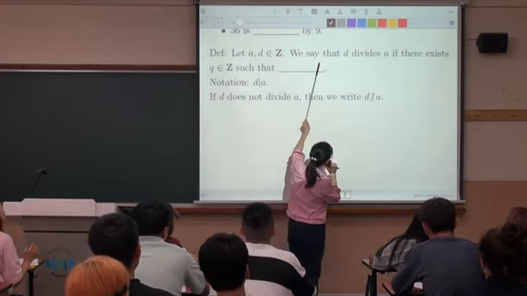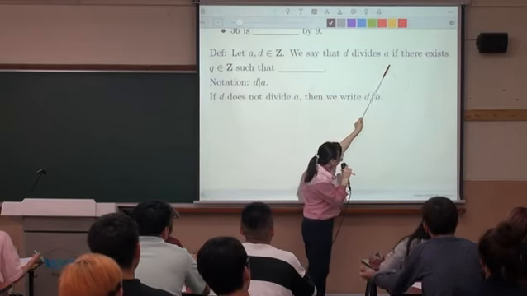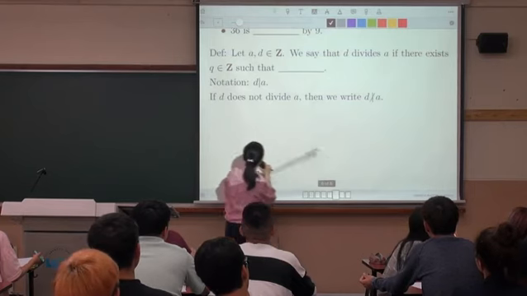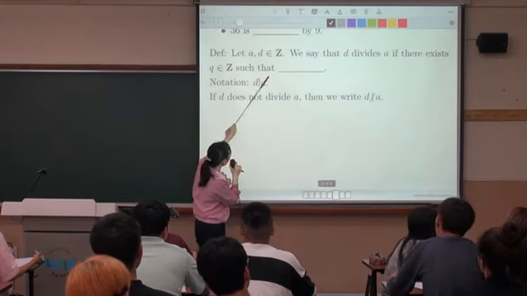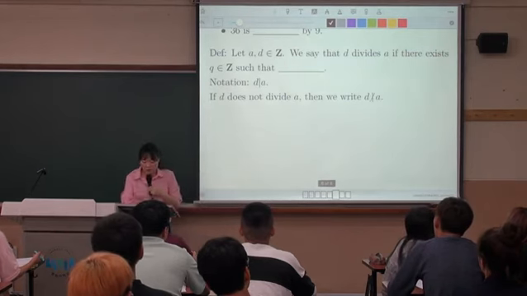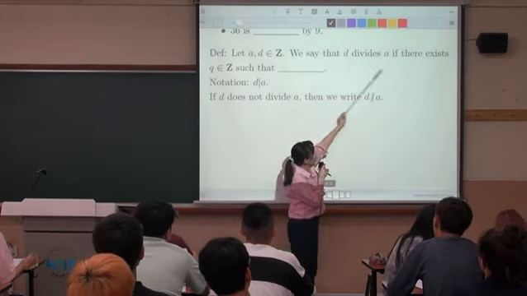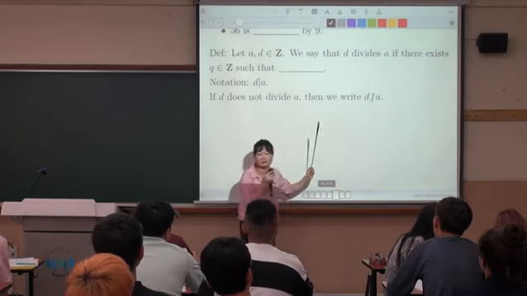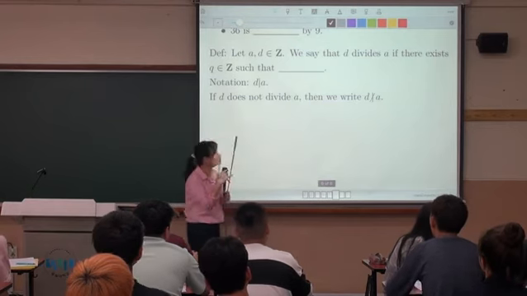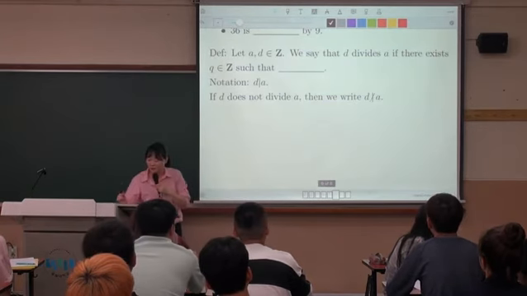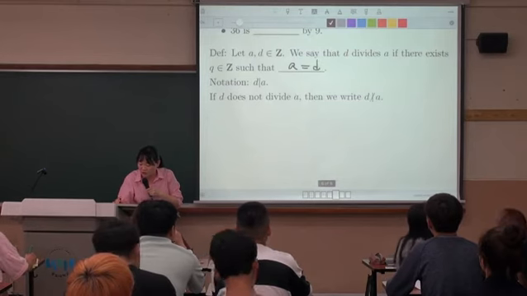We say that D divides A if there exists Q in Z such that... D divides A. D가 A를 나눈다는 것은 remainder is 0. Okay? So what should A be? A should be equal to DQ. Yeah.